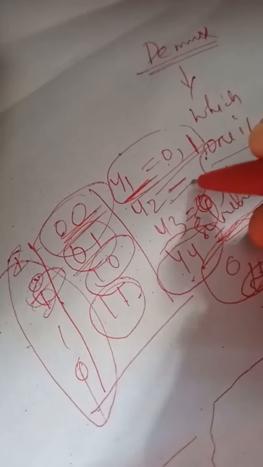Now whatever input you give, either 0 or 1, that will be activated according to the selection lines. If the selection line is 0, 0 and the input is 0, Y1 will be 0. If the selection line is 0, 1 and the input is 1, Y2 will be 1. If it is 0, Y2 will be 0. If the selection line is 1, 0 and the input is 1, this will be 1.